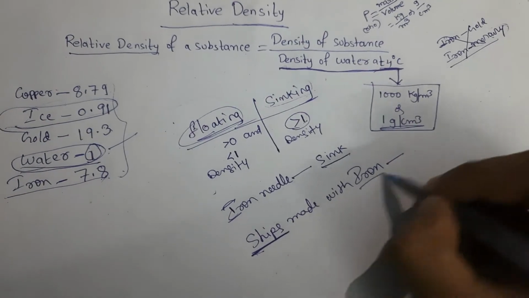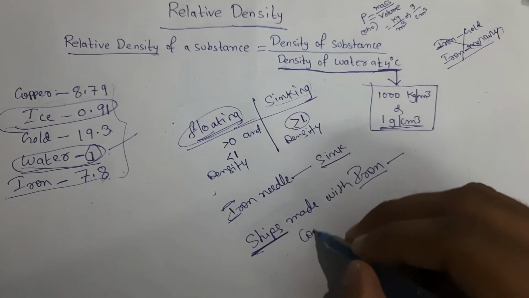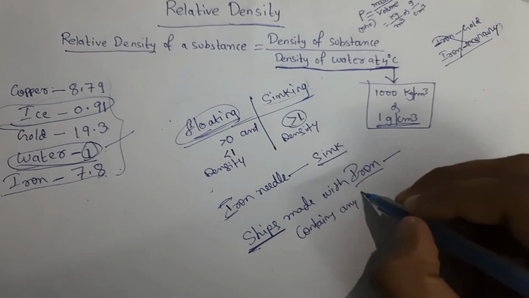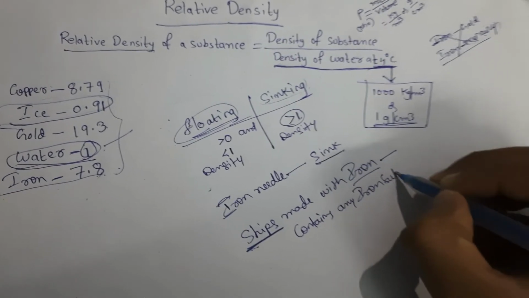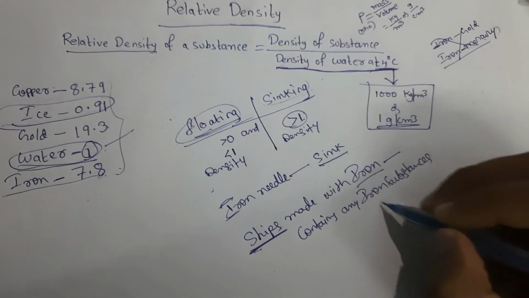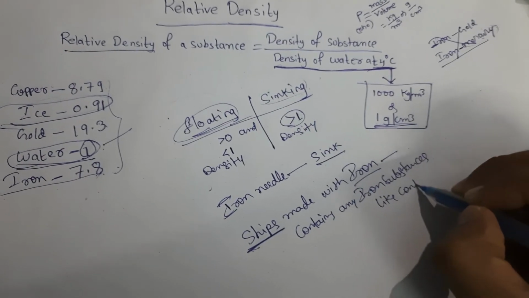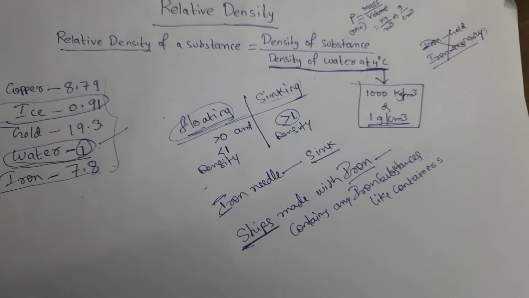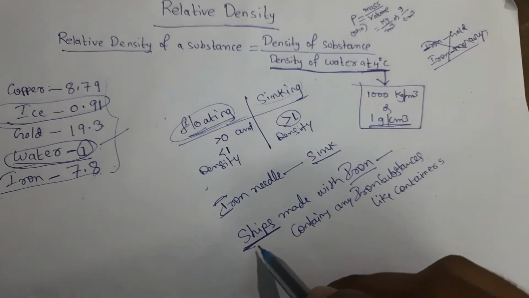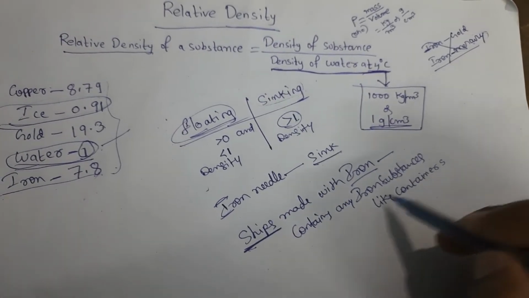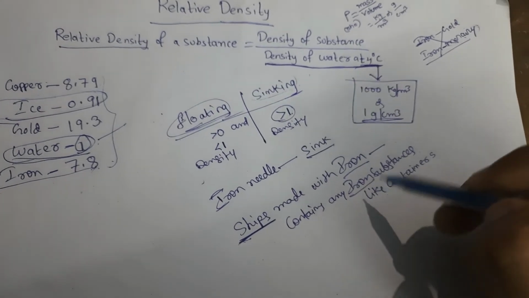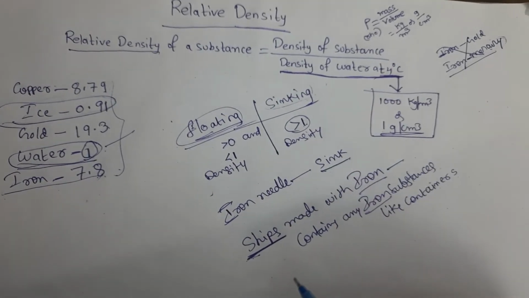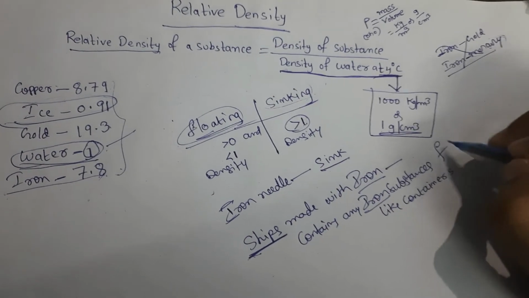Because ships made with iron, or ships that contain iron substances like containers, their density should be more than water. So why are they floating?